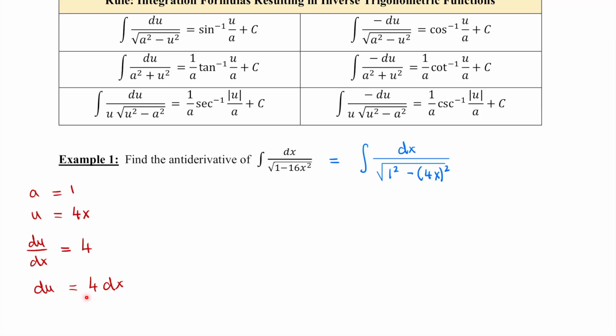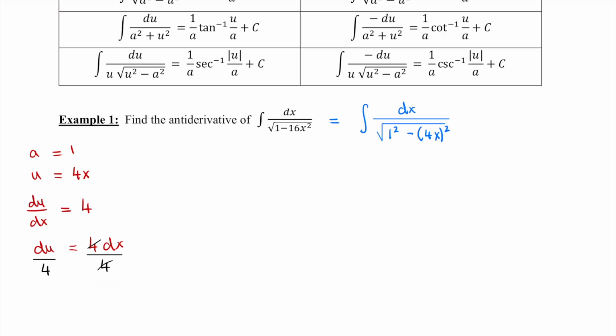So I need to solve for 1 dx by dividing both sides by 4. So 1/4 du equals 1 dx. So I will replace 4x with u and replace dx with 1/4 du.